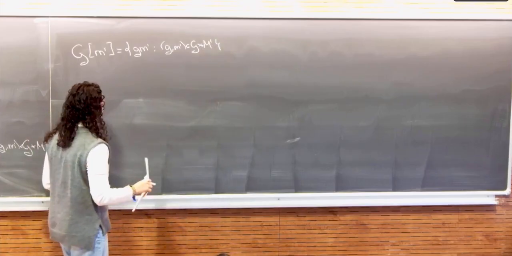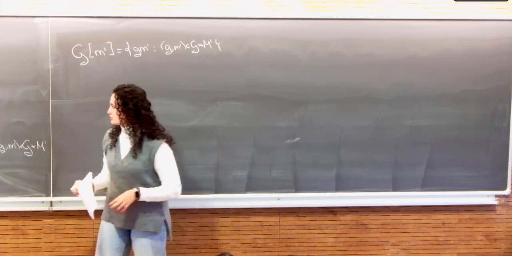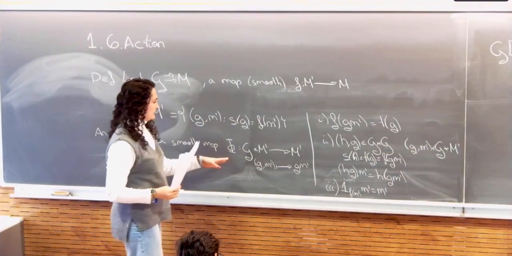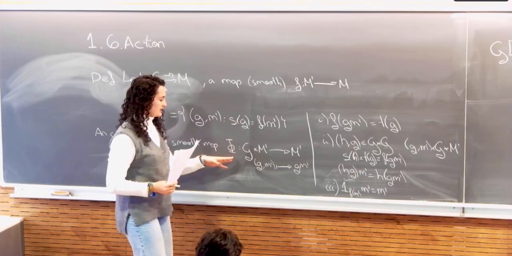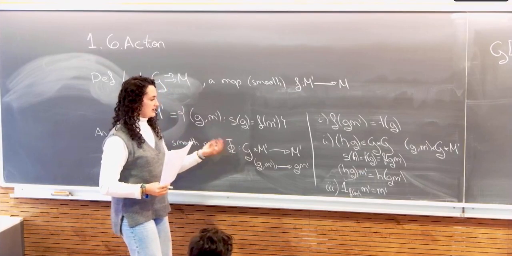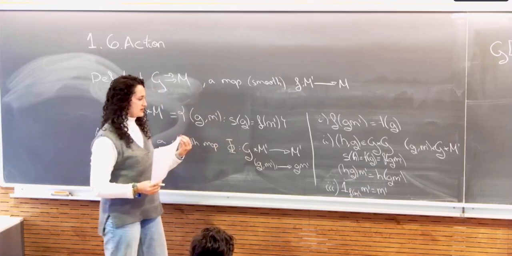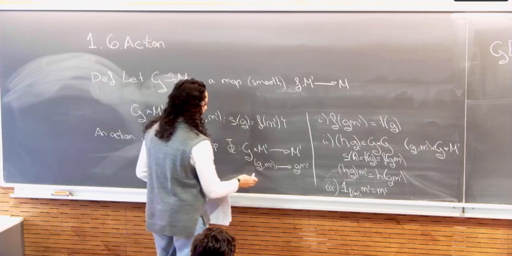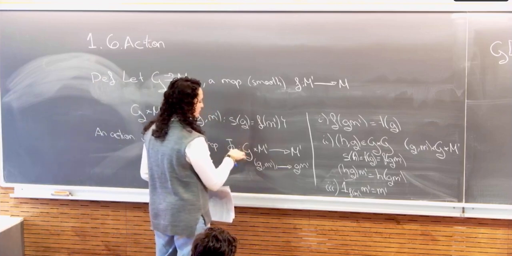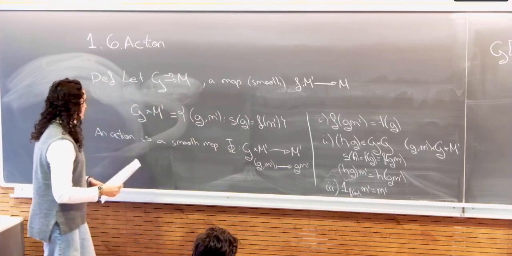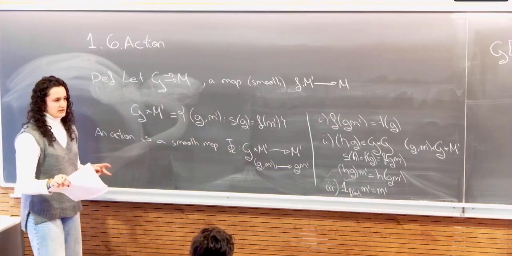Also, an important thing to think about is that we would like to not only have this map smooth, but also its restriction to the elements of the groupoid where they can act. But in the general definition, we don't ask for that.